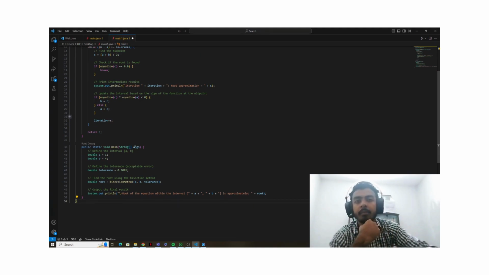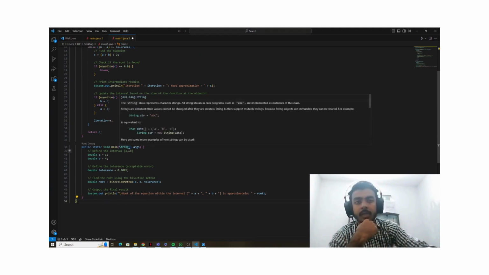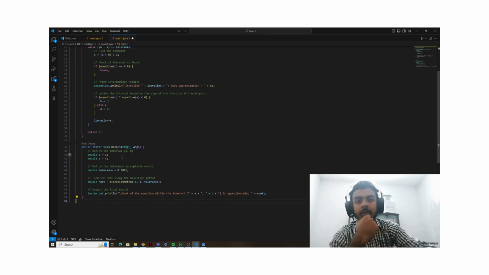Then here comes our main method, where all the initializations are done, and we have our interval, where a is equal to 1 and b is equal to 4, as you guys know.